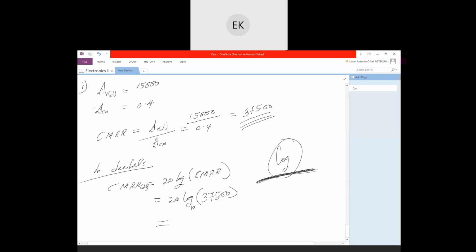Base 10. Exactly. So it is base 10. You can choose to write your base 10 or you can leave it. So in that case, your 37,500, and then someone should compute this for us.